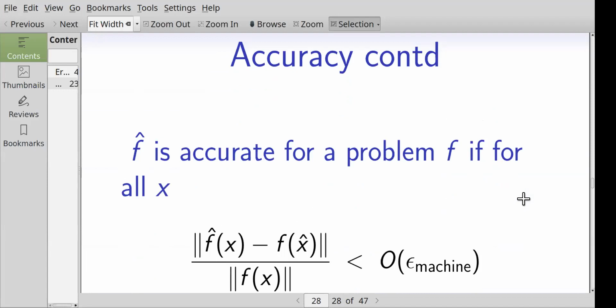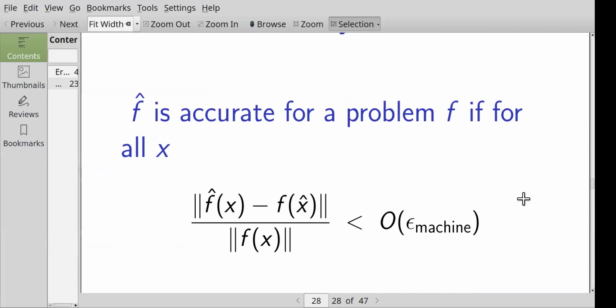When will we say that f hat is an accurate algorithm? Well, we will look at the result that we get minus the result that you would get using the perfect mathematical f acting on x hat, and divide by the magnitude of what you should get, which is f of x.